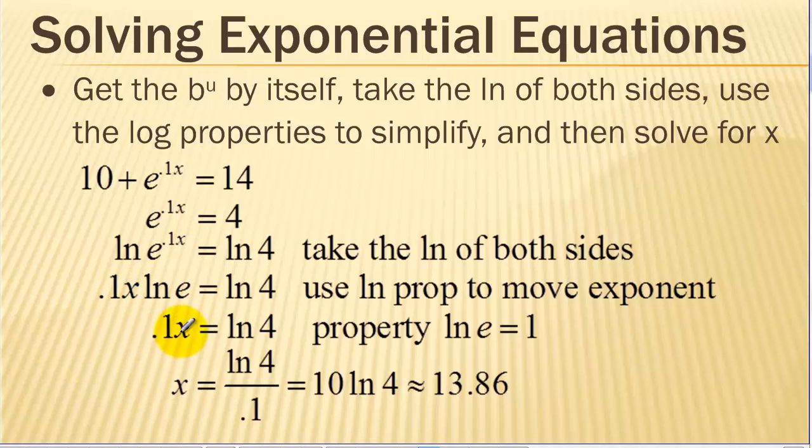So now we just have to solve for x by dividing by 0.1. And then we can pull out our calculator and calculate the ln of 4 divided by 0.1, which is also 10 times the ln of 4. We didn't have to do this step here. And we get 13.86, approximately, it's rounded. So if we put that number back into our original equation, it would check out.